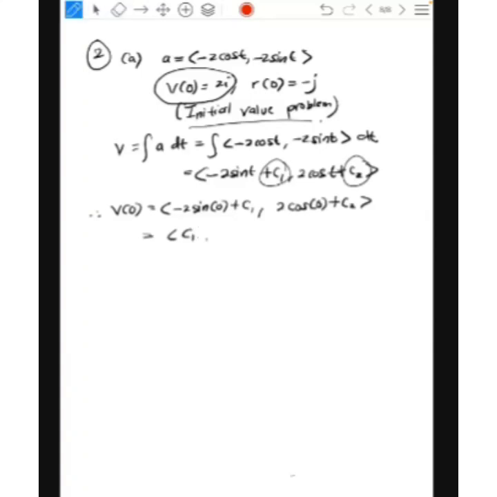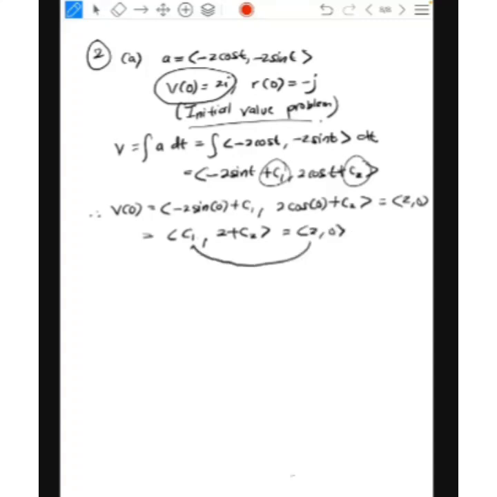Cos 0 is equal to 1, 1 times 2 is 2, so 2 plus c2. This equals 2i, so 2, 0.